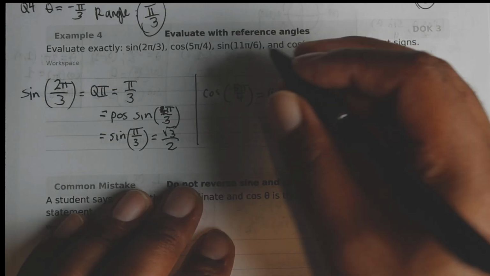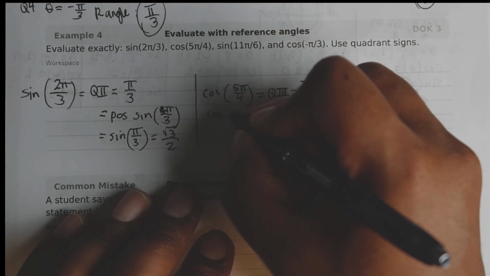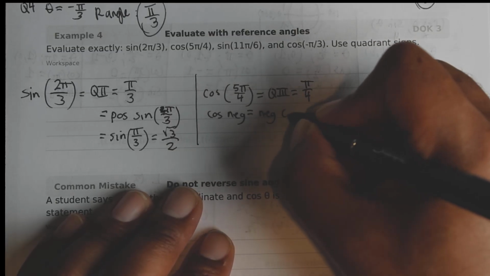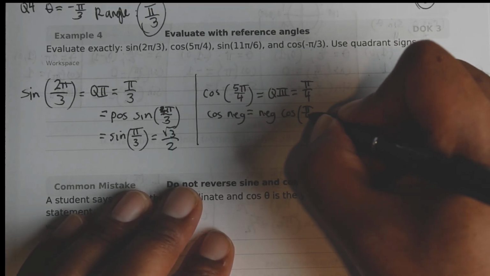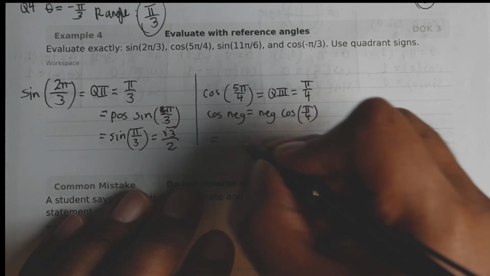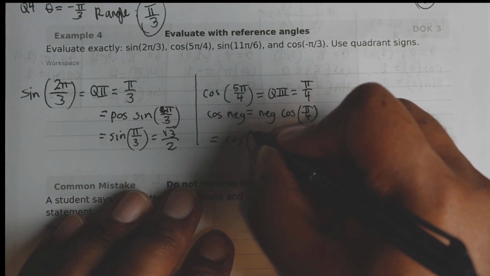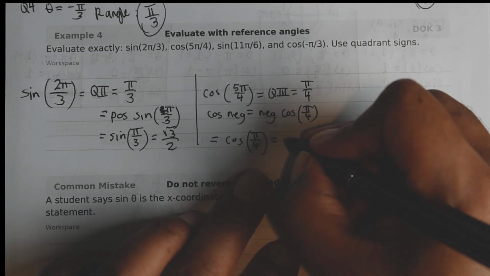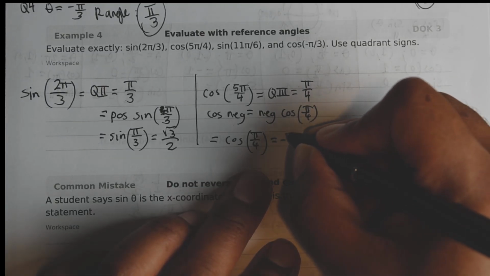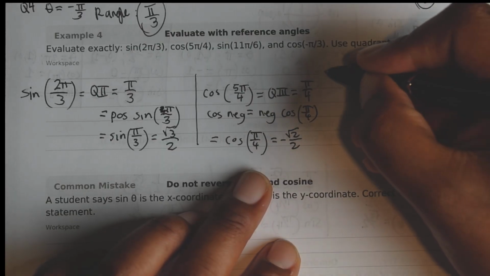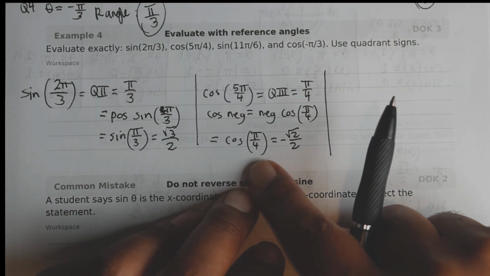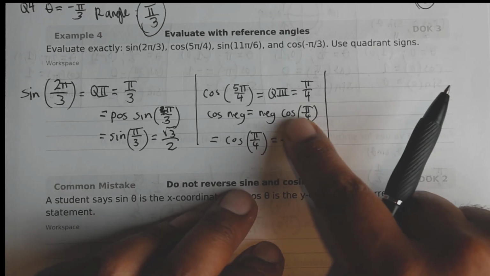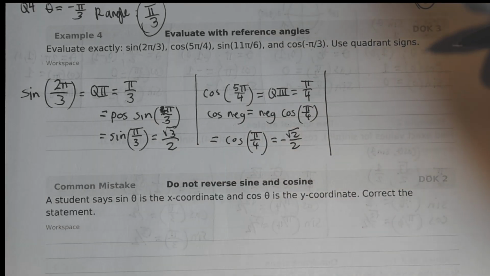Cosine is negative in quadrant 3, so we have negative cosine pi over 4, which equals negative square root of 2 over 2. Because cosine pi over 4 is the square root of 2 over 2, but in this case, it's negative.